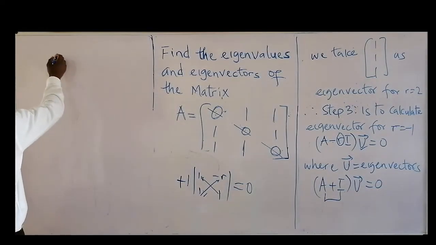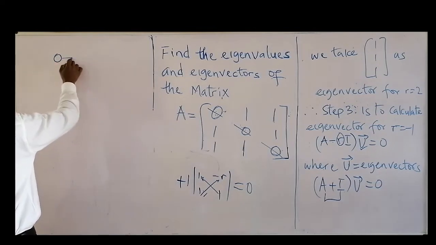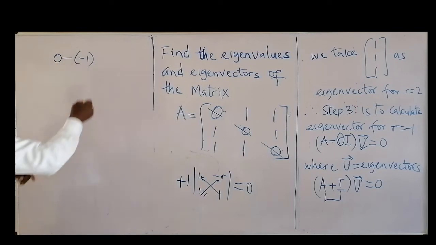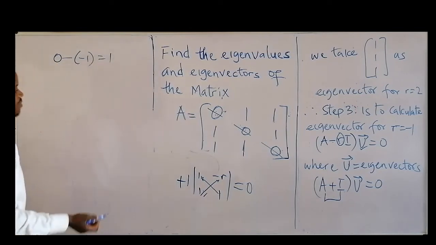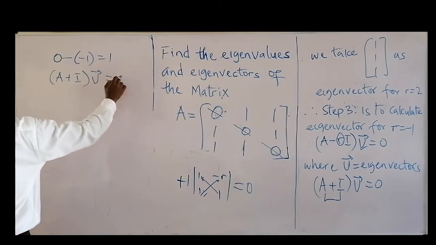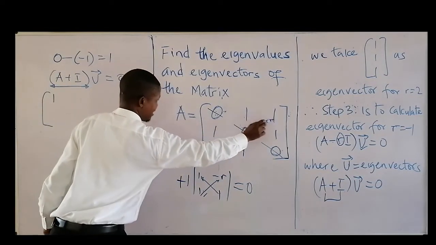The leading diagonal, that's 0, the first one here, then is minus R, minus 1. You can see that becomes 1. But without wasting time, let's go straight to this expression, and that will be equal to the matrix. The implication of this is the main diagonal plus 1, that's 1, while the other elements remain the same.